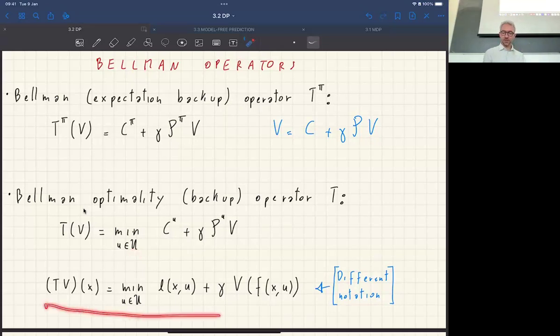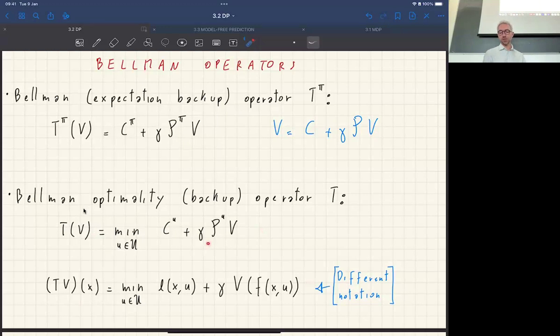Here I just wrote it in a different way, which may look a bit more familiar because I explicitly state the dependency on the state, which is implicit here, but these two lines have exactly the same meaning.